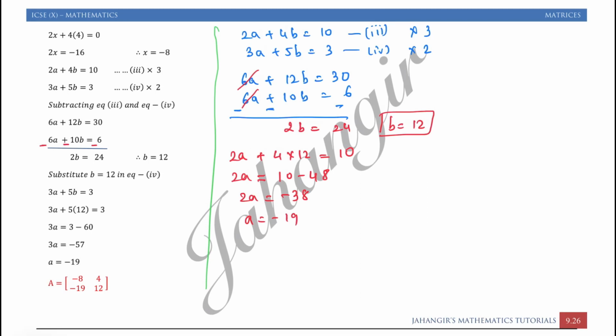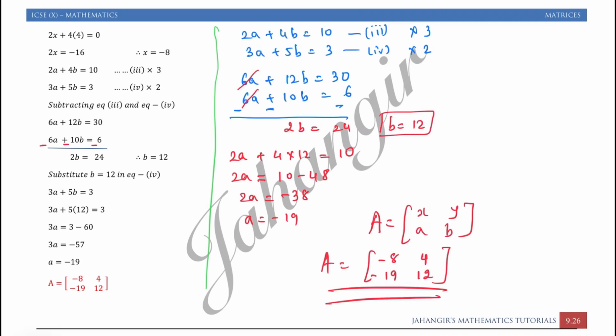So do not forget to write matrix A. We want matrix A. It was like this: x, y, a, b. So here my x I got as minus 8. y was 4. a is minus 19. b is 12. This is the matrix which we need.